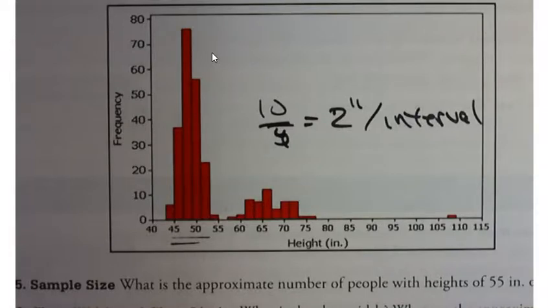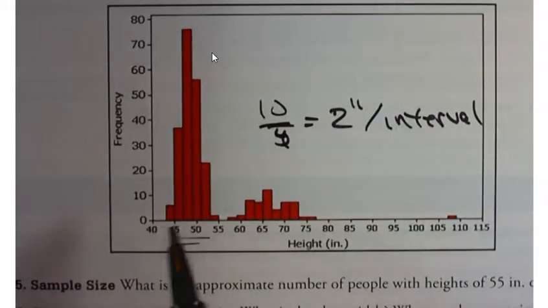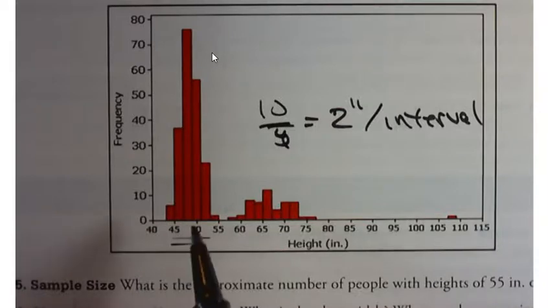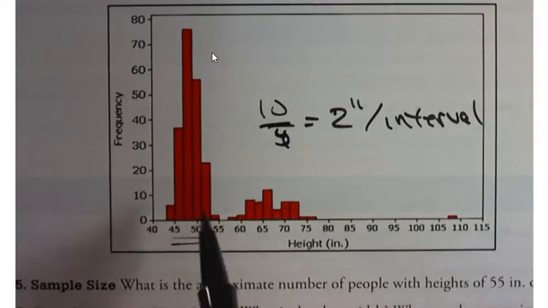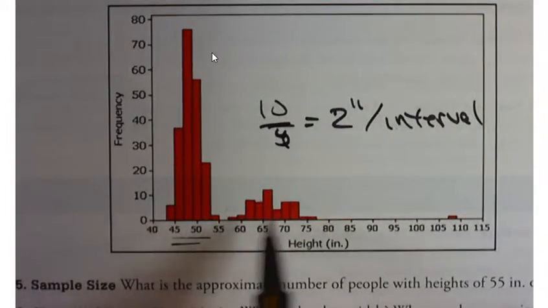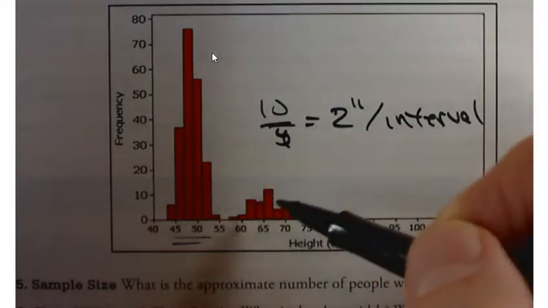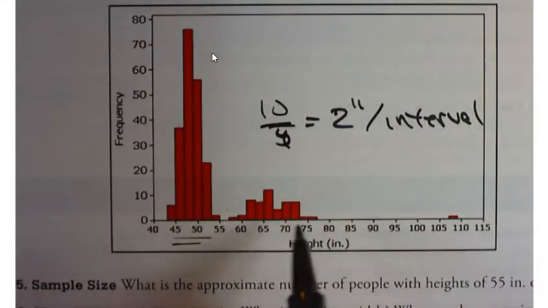Yeah, children and adults. You have a lot of grade school classes visiting here with some smaller heights, and then you've got their chaperones. And their chaperones aren't going to be as numerous, but they're going to be taller. And that's what you're seeing here is a collection of taller data.